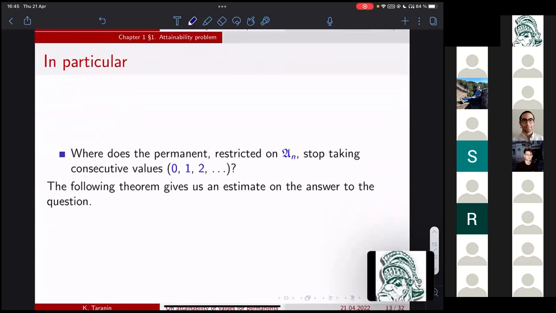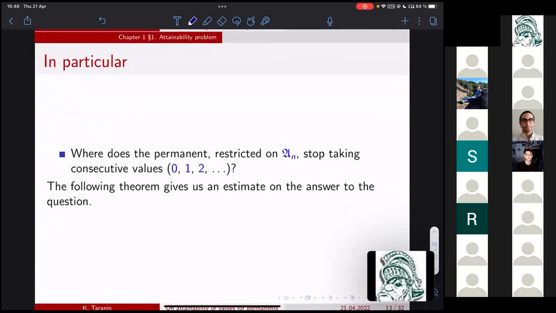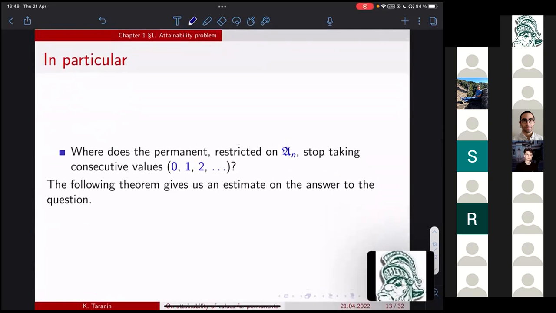One particular question that was studied by other scientists earlier is: where does the permanent of 0-1 matrices, on the set of 0-1 matrices, stop taking consecutive values?